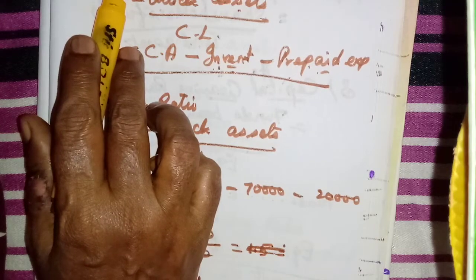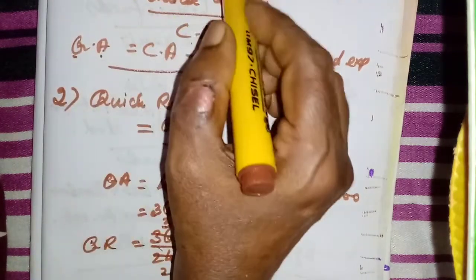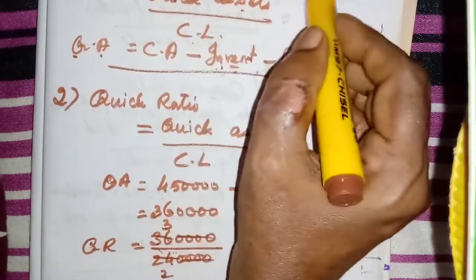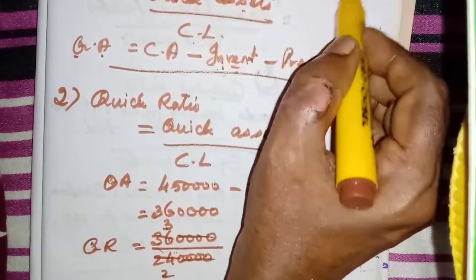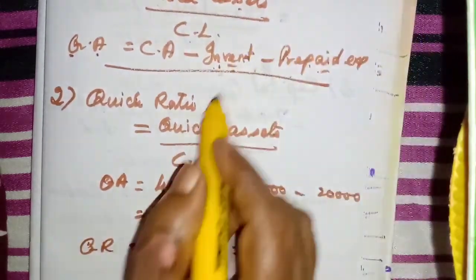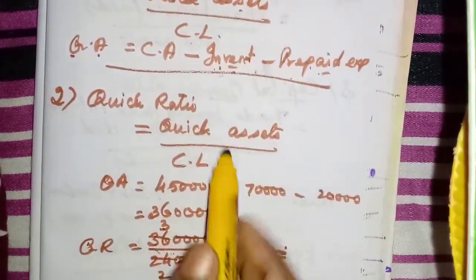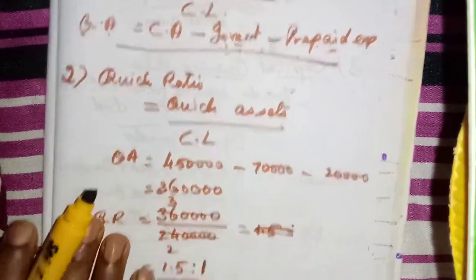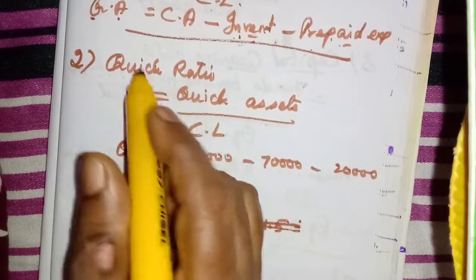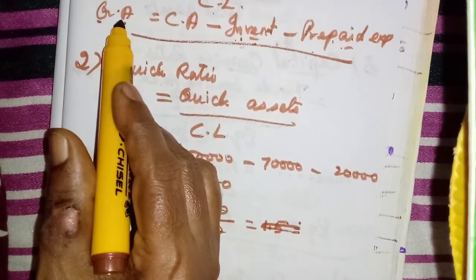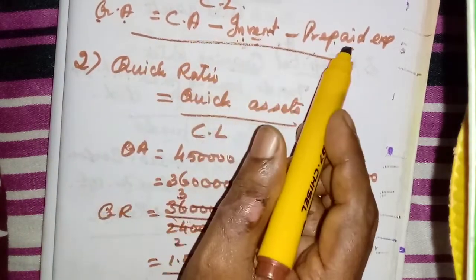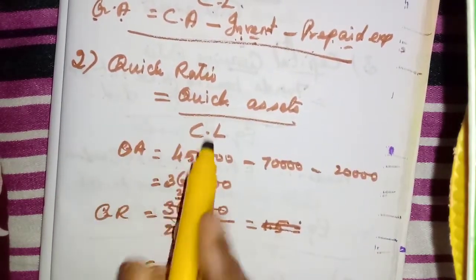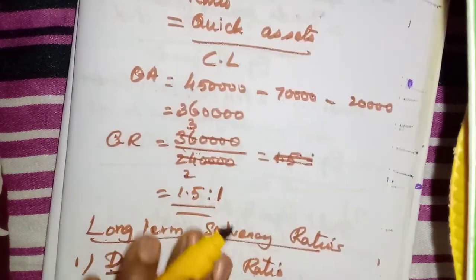We have studied quick ratio or acid test ratio or liquid ratio. What are the liquid assets? Current assets minus inventories and prepaid expenses. That is called quick ratio.